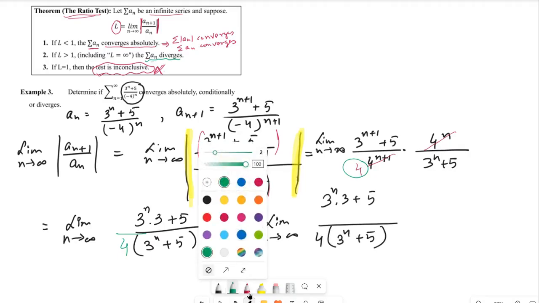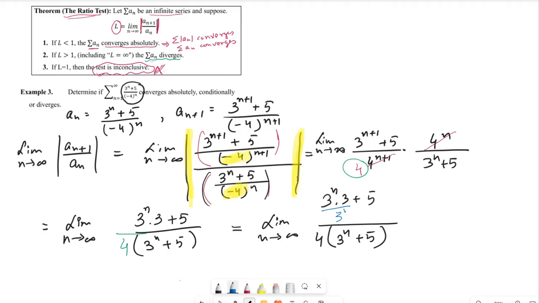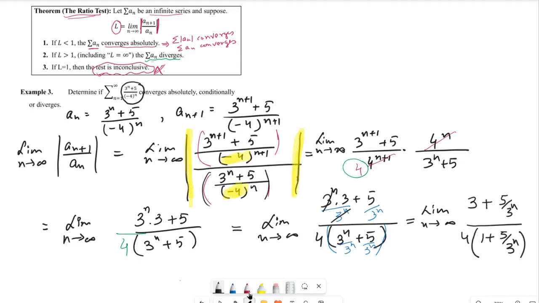I'm going to divide all the terms by 3^n, because that was the highest power of 3 in the denominator. If you notice, this here will cancel. So what will be left is (3 + 5/3^n) divided by 4 times (1 + 5/3^n).